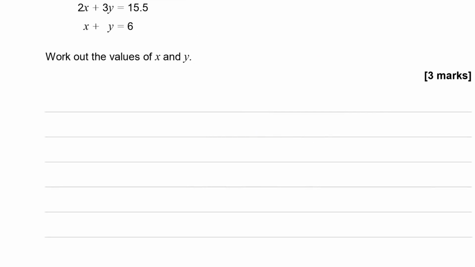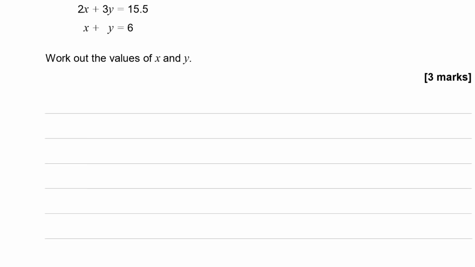A fairly straightforward pair of simultaneous linear equations. I'm going to be using the elimination method to solve this. Let's label that one equation 1 and equation 2. So to eliminate x, I'm going to take equation 1 and I'm going to subtract 2 lots of equation 2.